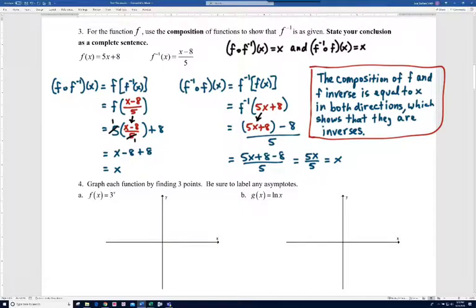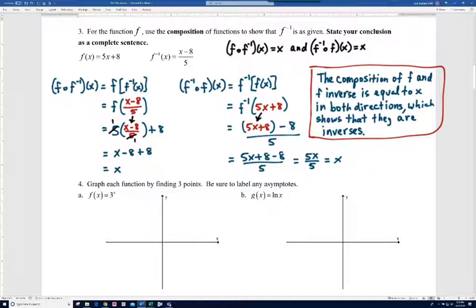It says graph each function by finding 3 points, which is what we did in class, or what I did in the videos for those graphing sections where we did some graphing. So let's go ahead and I'll remind you how we do these. So the first thing I would do when I graph f of x is equal to 3 to the x, first of all, I know that's an exponential function.